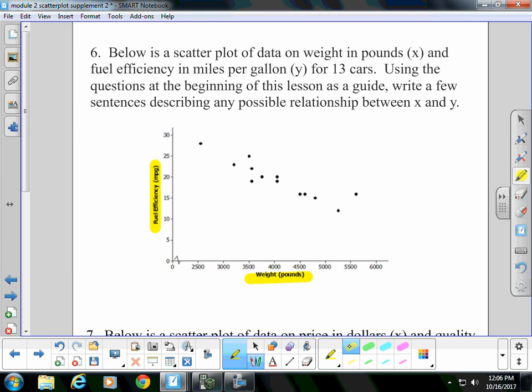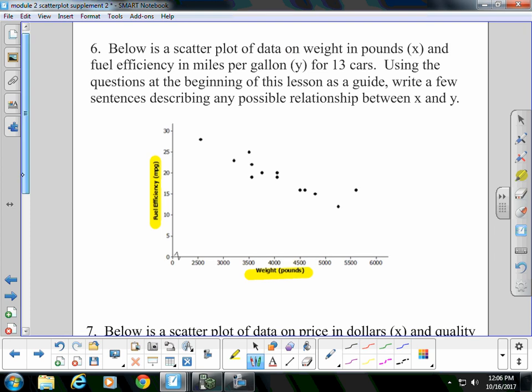Using the questions at the beginning of the lesson as a guide, write a few sentences describing any possible relationships between x and y. Does this look like it has a relationship? I would say yes. Does it look like a linear relationship? I would say yes. Does it look positive or negative? It looks like it's a negative relationship.